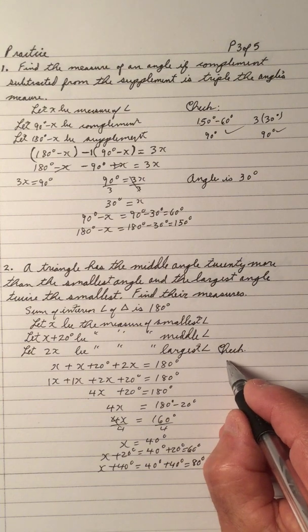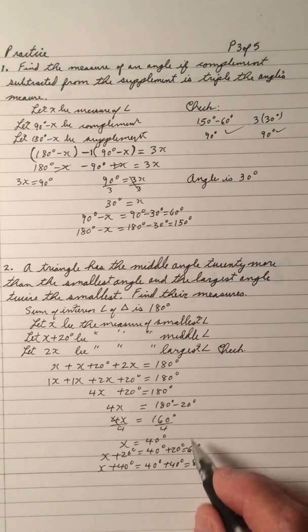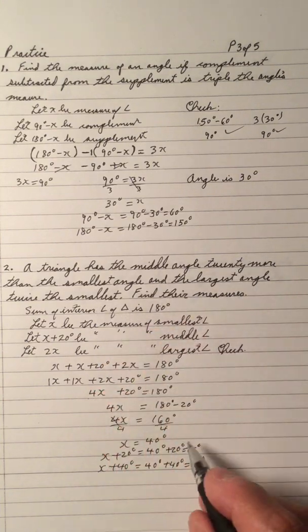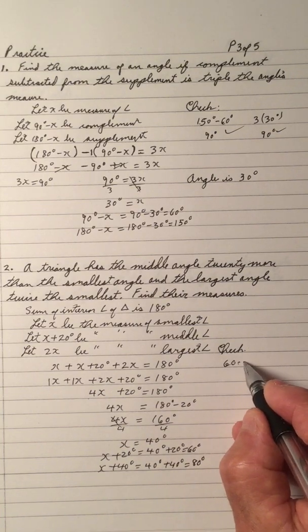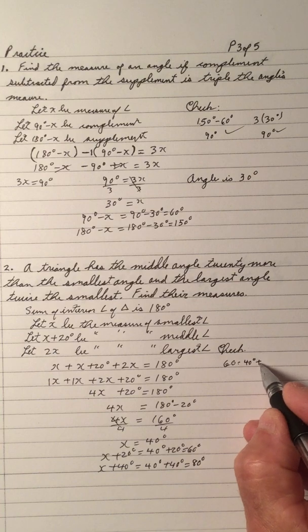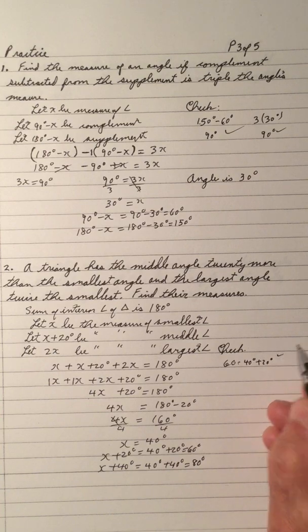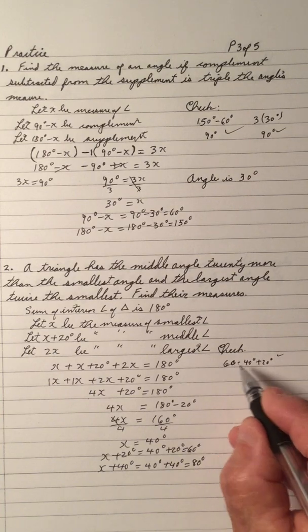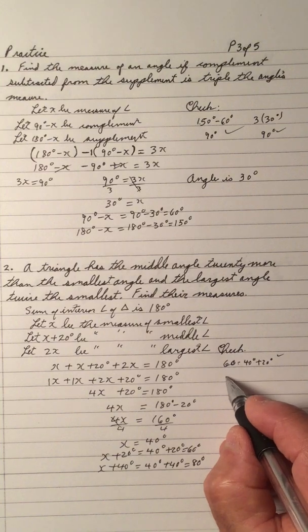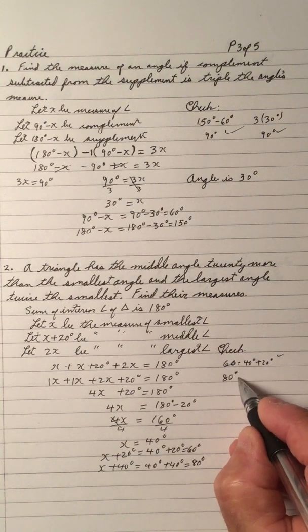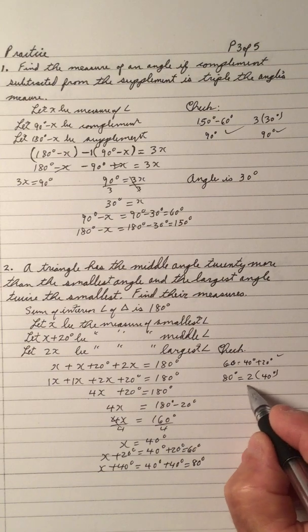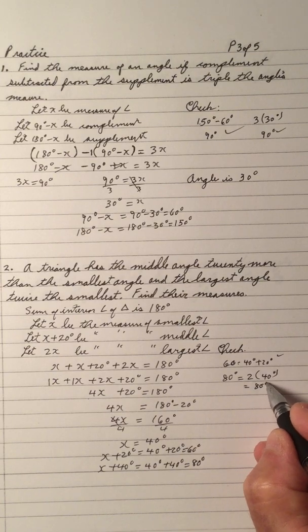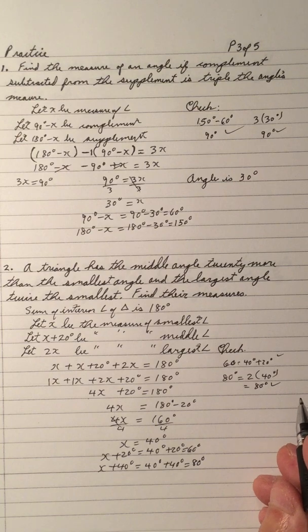Notice that the middle angle is 20 more than the smallest, so the middle angle is 60. So 60 is 40 plus 20. Good. The largest angle, which is 80, is twice the smallest, which is 40. So that's 80 equals 80. So we got that correct.